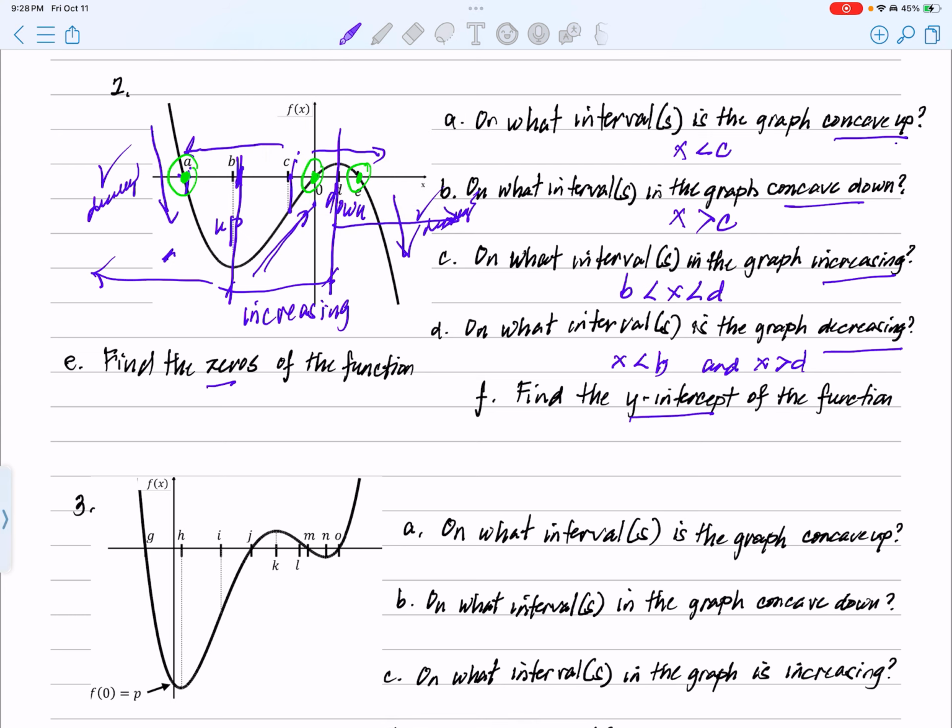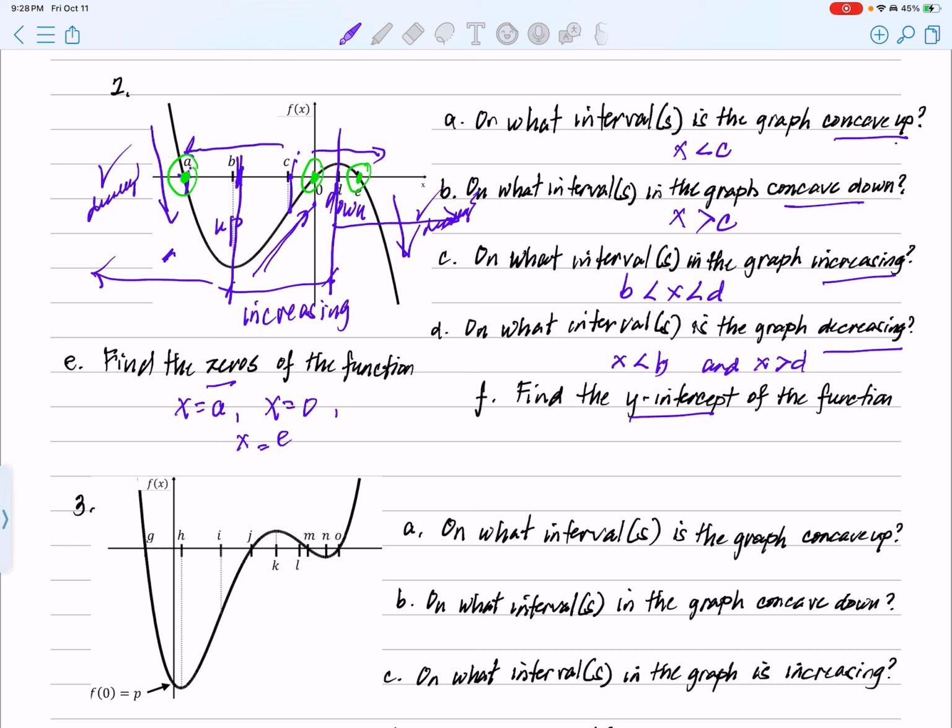So we have when x is at point A, when x is at 0, and when x is at this point right here, it's at point E, right?